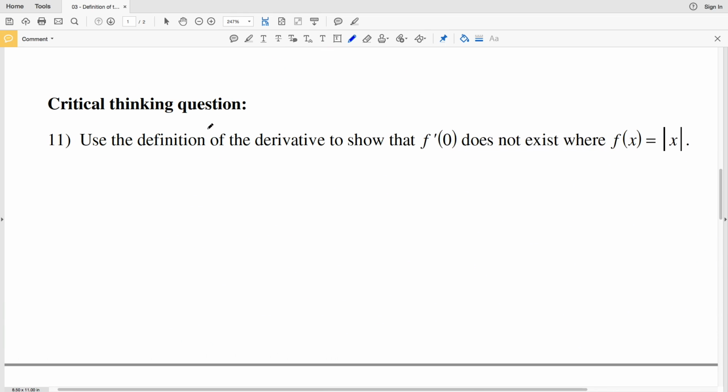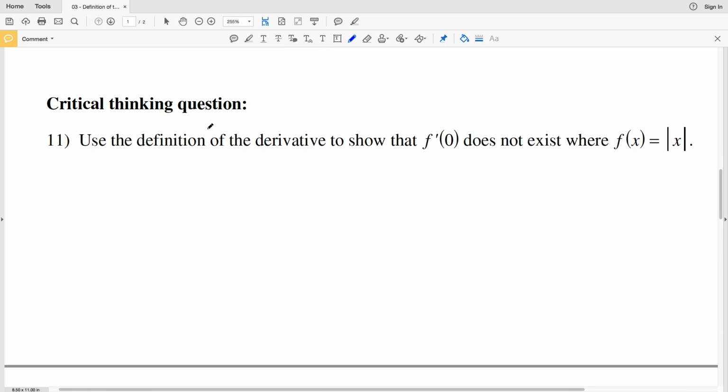So for our critical thinking question, it says use the definition of the derivative to show that the derivative of f of 0 does not exist where f of x equals the absolute value of x. So using the definition of derivative, we're going to say that the derivative of f of x equals the limit as h approaches 0 of f of x plus h minus f of x all over h.